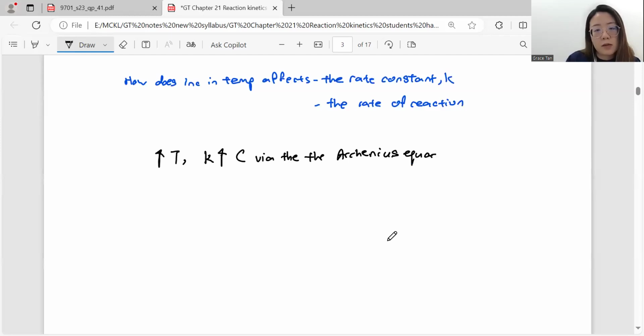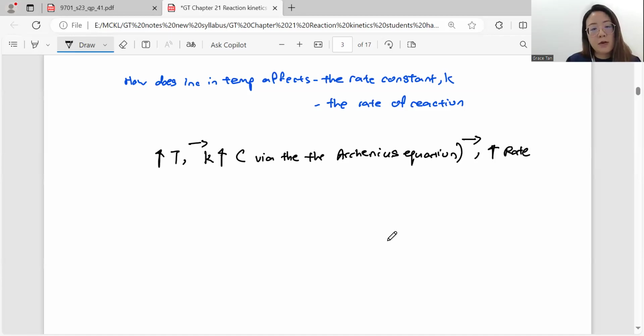You just need to say that increased temperature will affect the rate constant, and of course, increased temperature will also increase the rate of reaction. So it's actually a subsequent process.